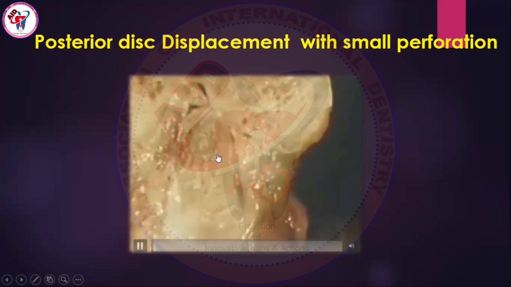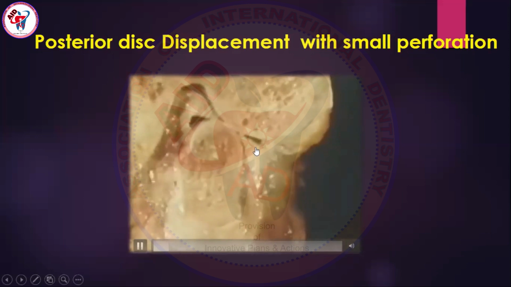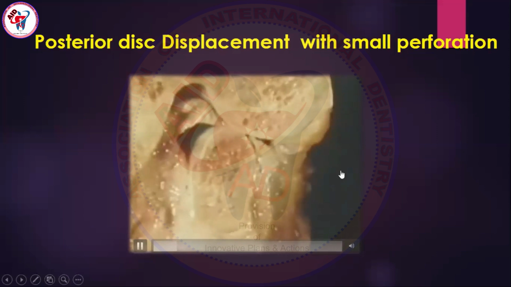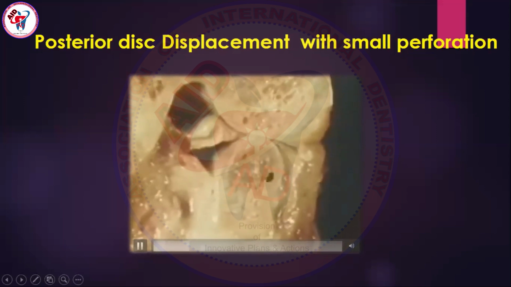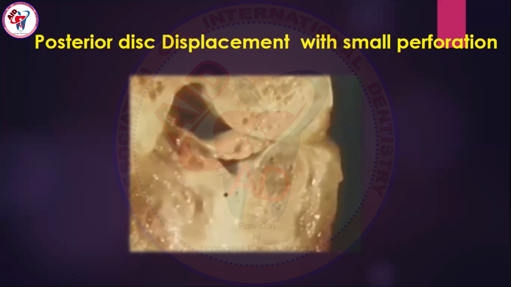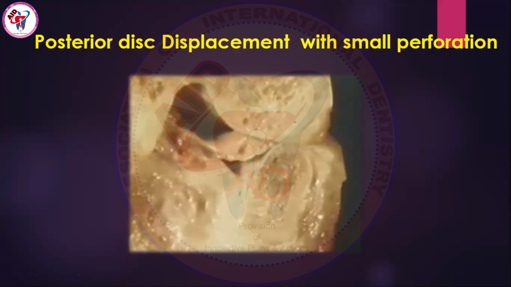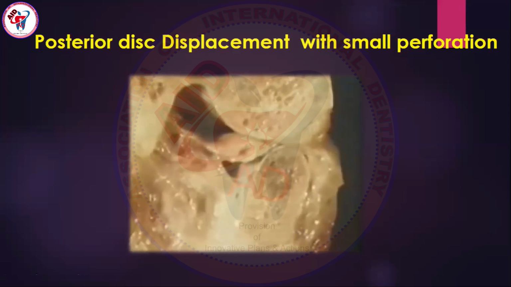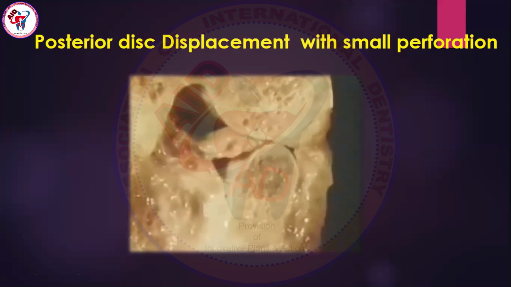Half of the portion of the disc remains posteriorly, half of the portion of the disc remains anteriorly, and in between, where the joint has to move with the disc, rather than moving on the disc, it is moving over the glenoid surface, and the whole disc surface which has to participate in gliding is being perforated.